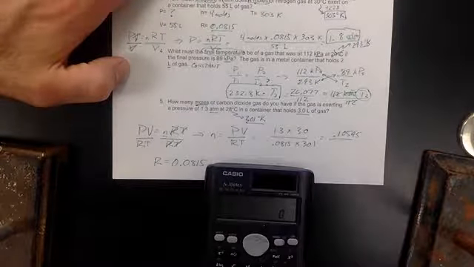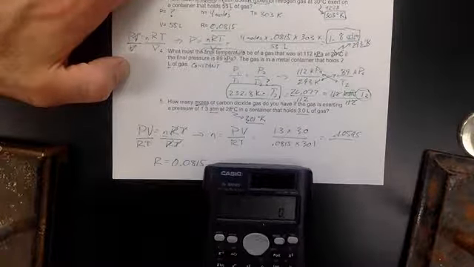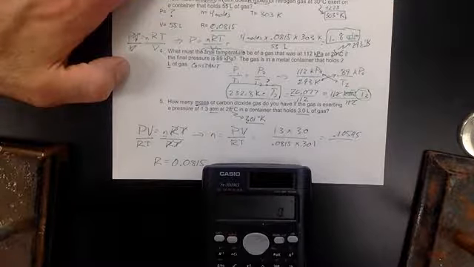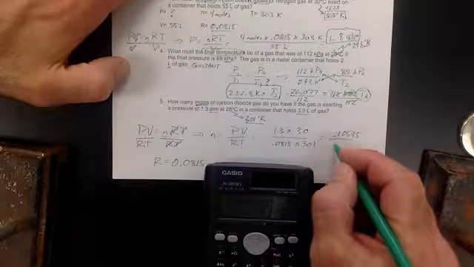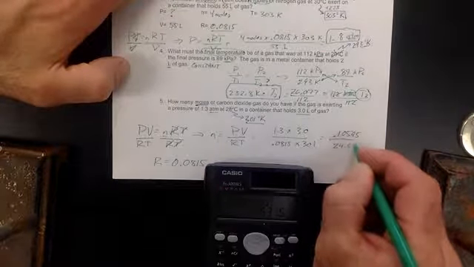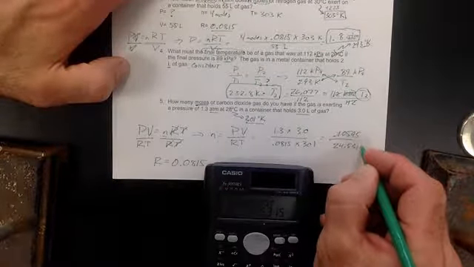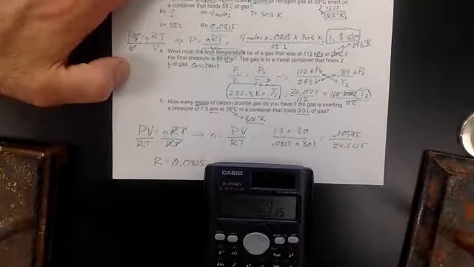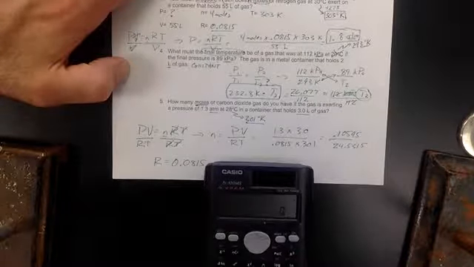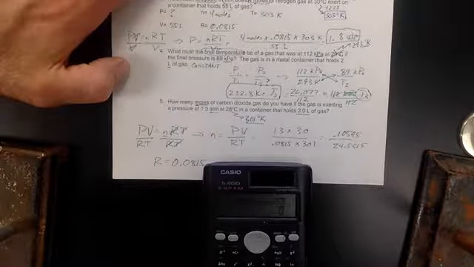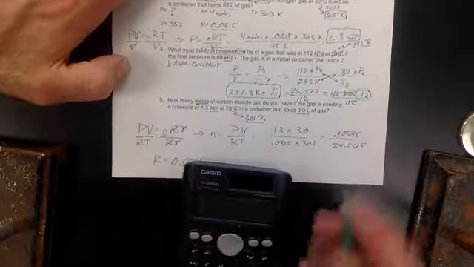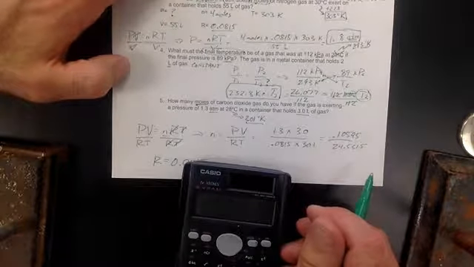On the bottom, 0.0815 times 301, I get 24.5315, and then I can just divide those. 0.10595 divided by 24.5315 equals, there's my answer.